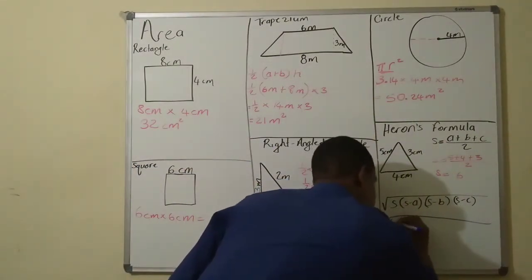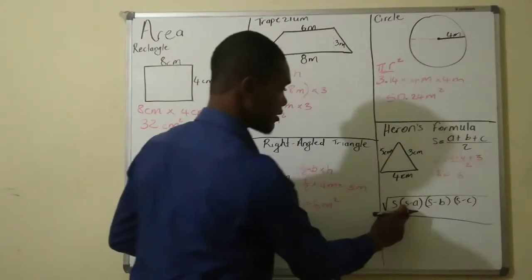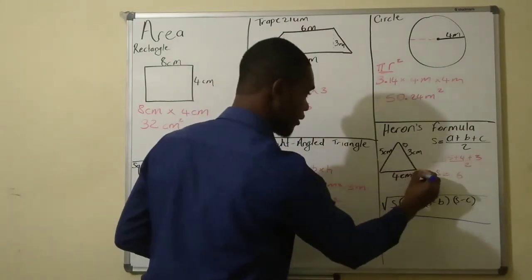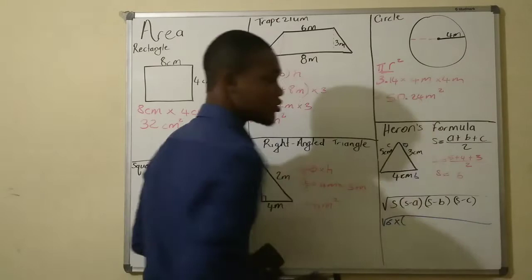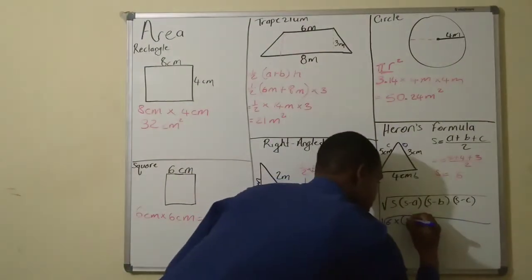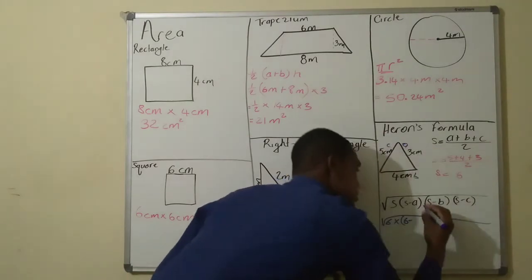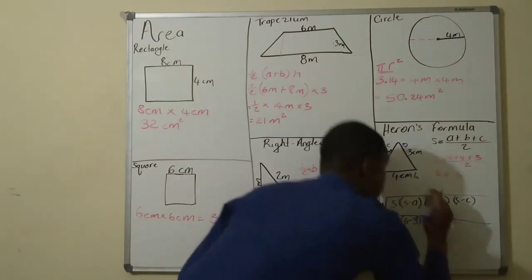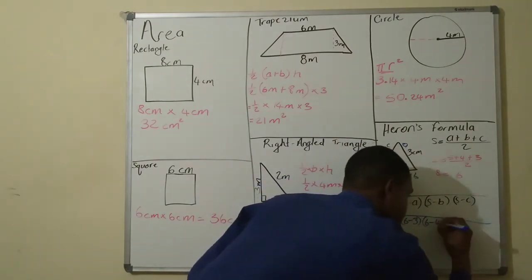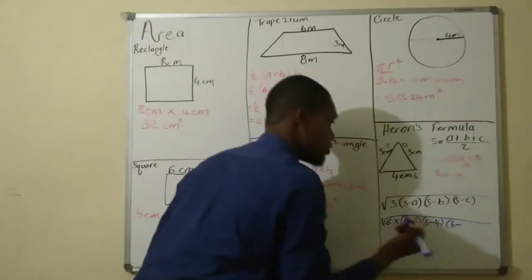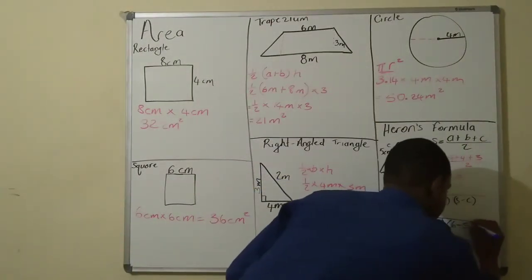So it will be 6 times, open bracket, s is 6, and we can choose any side we want to be a. So we can label them a, b, c. So it doesn't matter, as long as you use all 3 sides, it does not matter. So it will be 6 minus a is 3 times 6 minus b is 4 in our case, and then you have 6 minus c, which is 5 in our case.